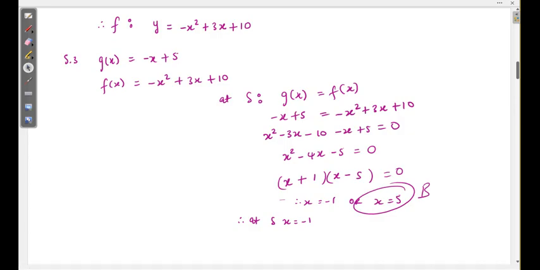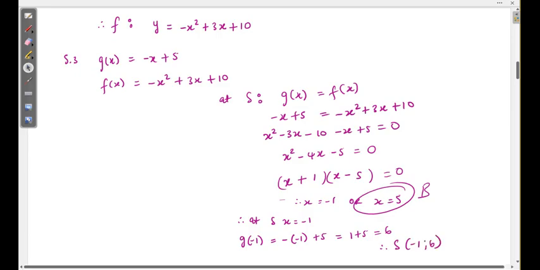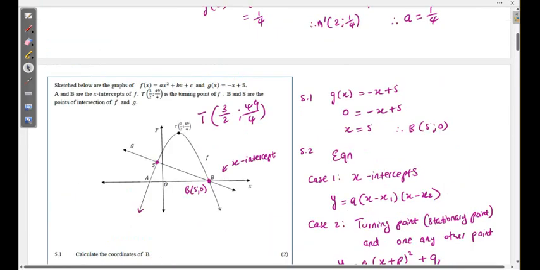So I'm just going to use g because it looks much easier. So we say g of negative 1, meaning when we see x we put negative 1, which means it's 1 plus 5, which is 6. Therefore S will be negative 1 and 6. Then I write it, I do not waste any time. As I'm getting coordinates, I'm writing.